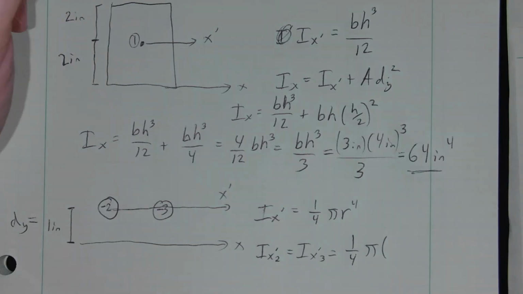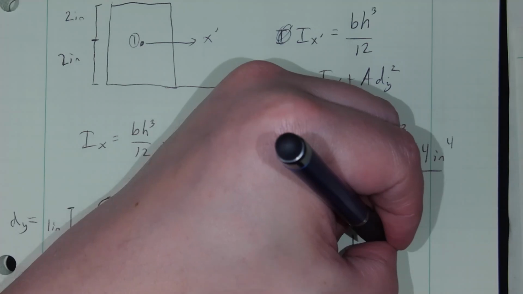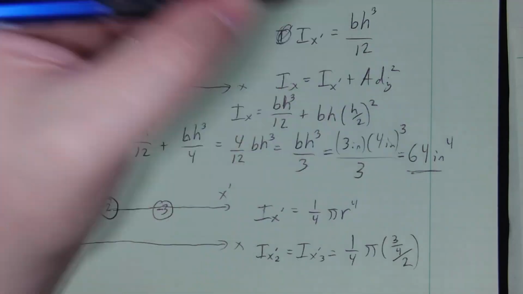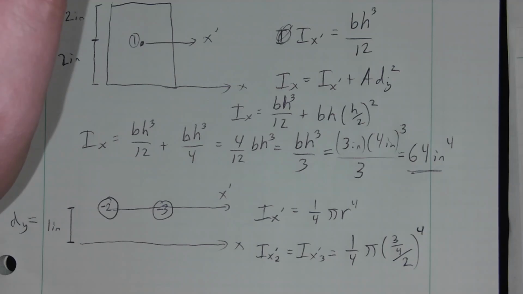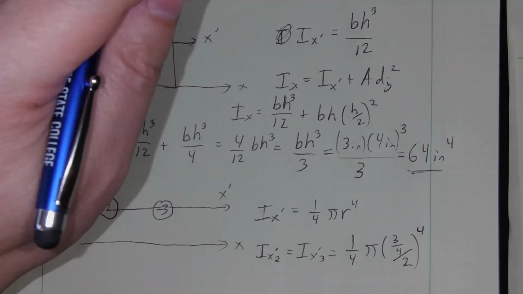The radius, well, we said the diameter, which is what engineers actually work with, is 3/4. I need half of that, and then that whole thing gets raised to the 4th power. I've got a complex fraction there I'm going to have to deal with.